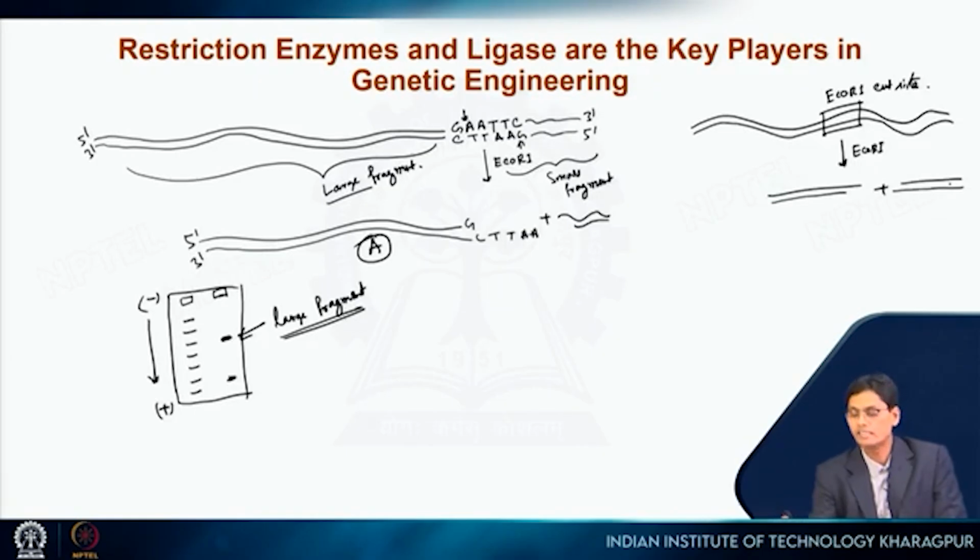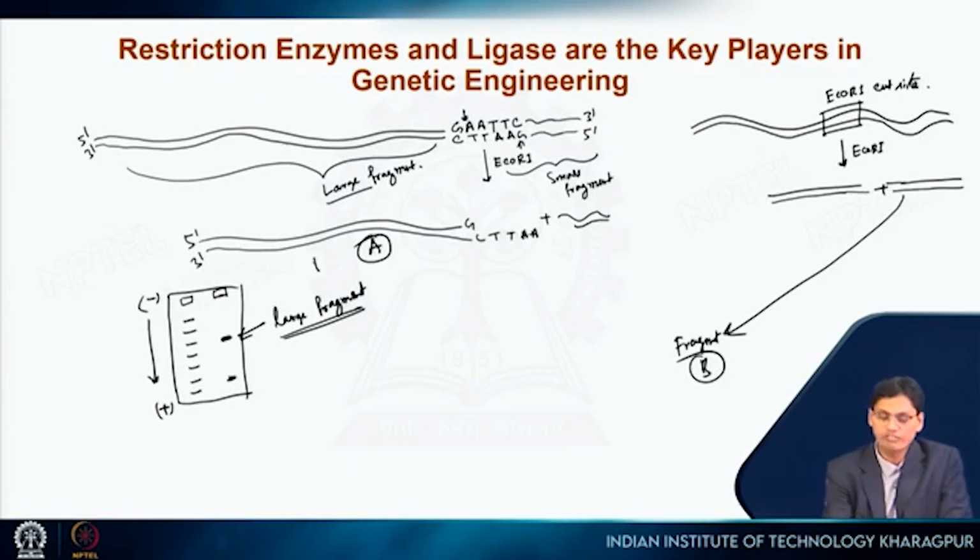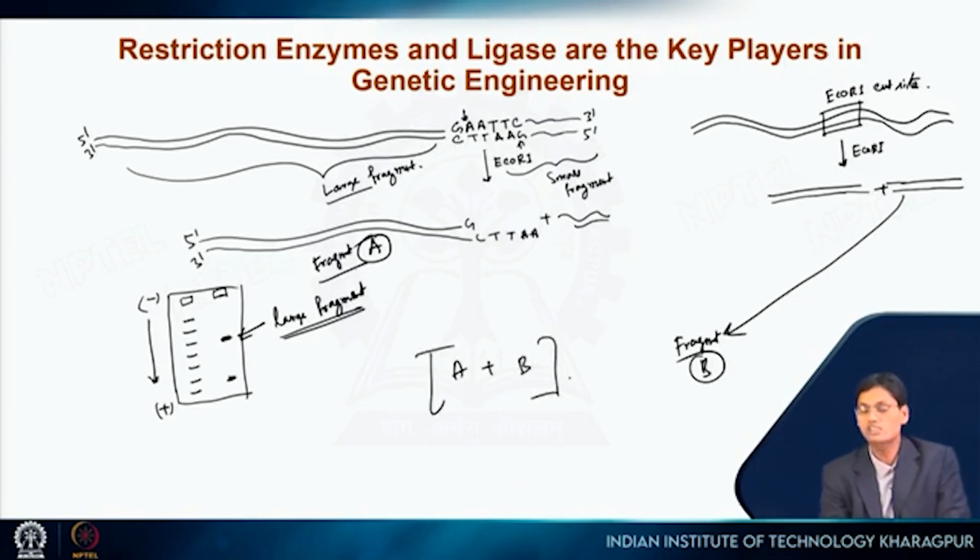And again you purify these fragments, and finally what you can do, you can take this fragment after purification, for example fragment B, and here you have fragment A. You just mix fragment A and fragment B in the presence of enzyme ligase.